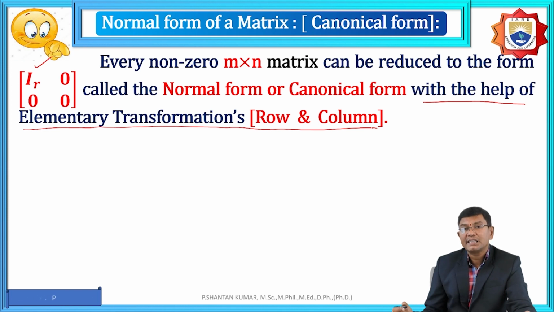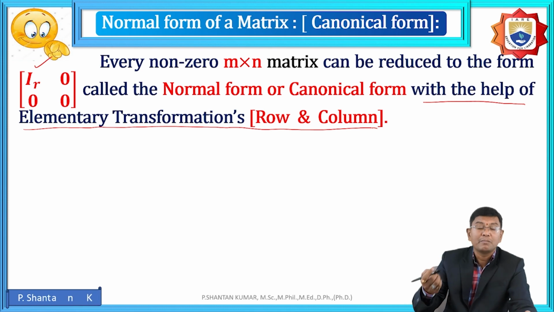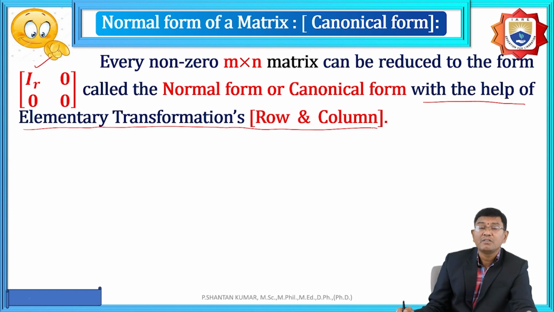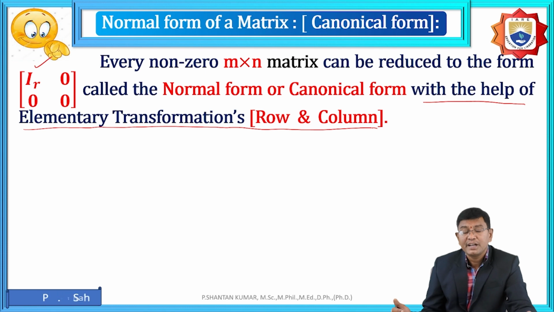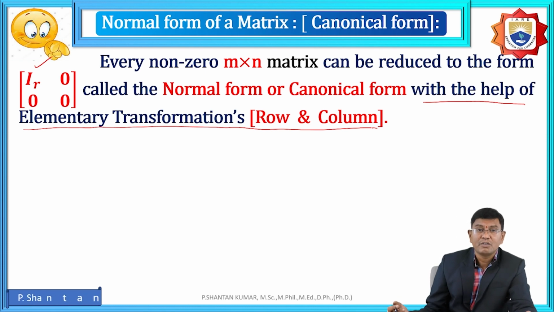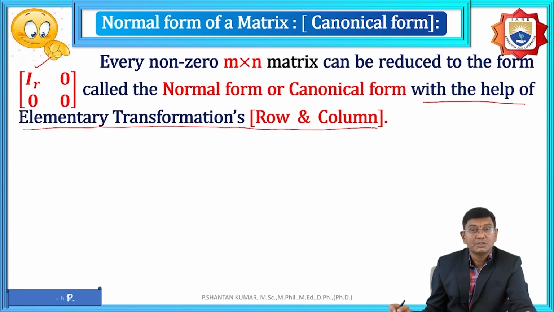That means for any given matrix, we apply both row and column operations, not particularly row operations as in the row echelon form. Then we reduce it to the structure IR 000.